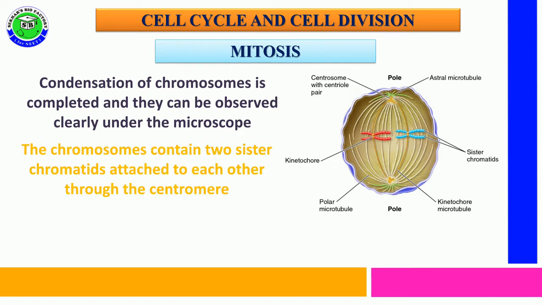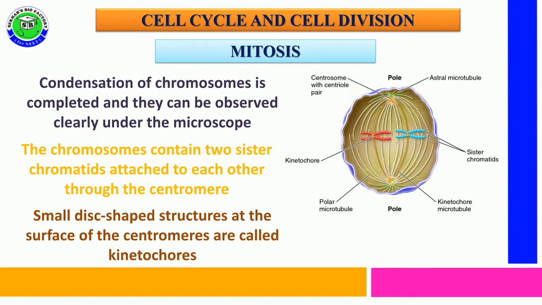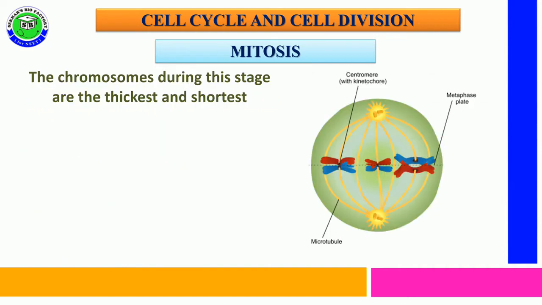Each chromosome consists of two sister chromatids, and these two sister chromatids are attached with the help of the centromere. Around the centromere we can observe some small disc-shaped structures, which act as a site for the attachment of spindle fibers and are called kinetochores.